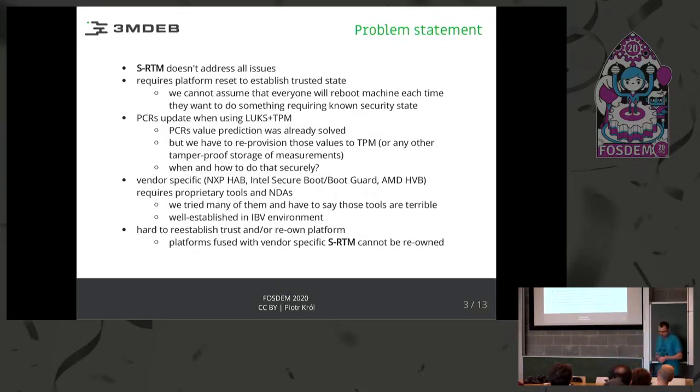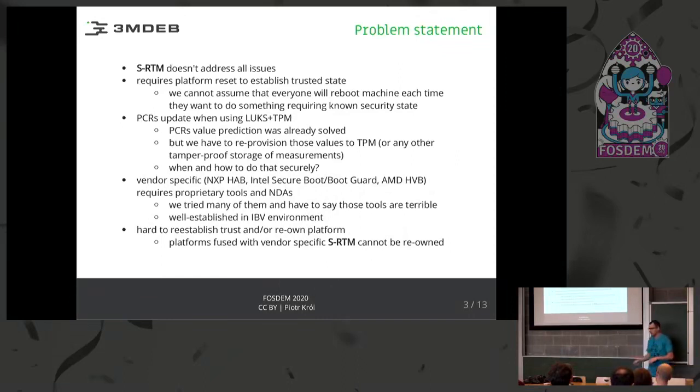So that's also a challenge of static root of trust. We also tried many of these tools and have to say this is very hard. Also, well-established BIOS vendors can have good agreements and can use those tools without problems. So having dynamic root of trust, we don't need static root of trust and can re-establish trust in the platform.